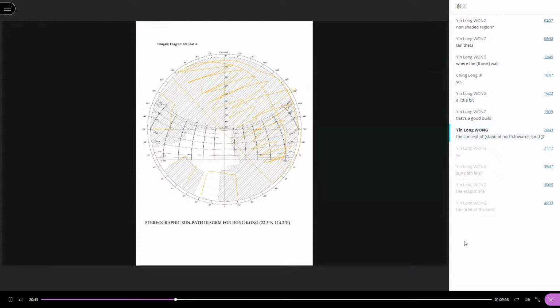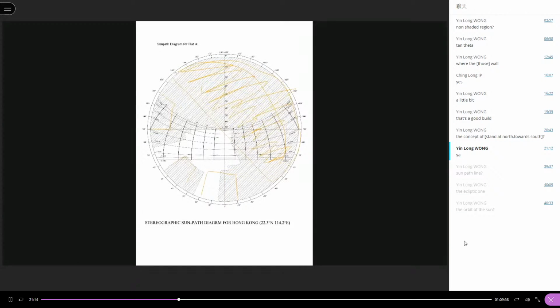The concept of standing at north towards south. What do you mean by stand at north towards south? Maybe you mean the old saying by the Chinese, 坐北向南, right?